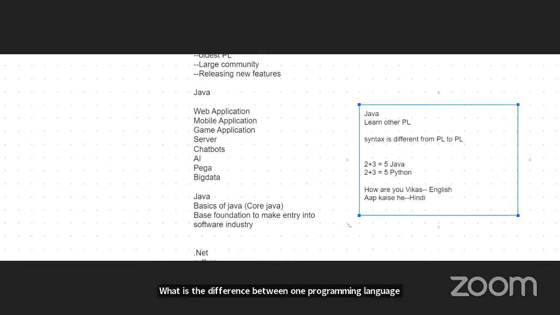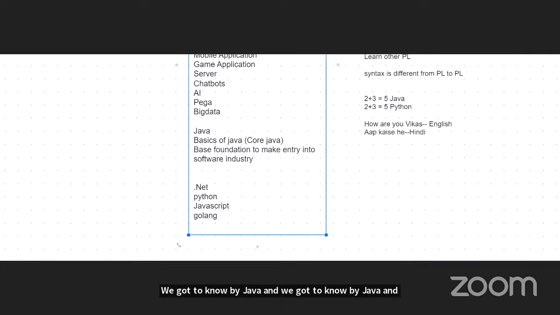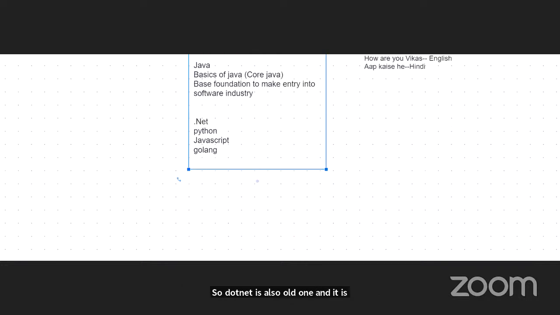Now, we got to know why Java and the others. Some people will ask, .NET is also an old one, and it is from Microsoft. Why not .NET? Because .NET is not rapidly releasing features.